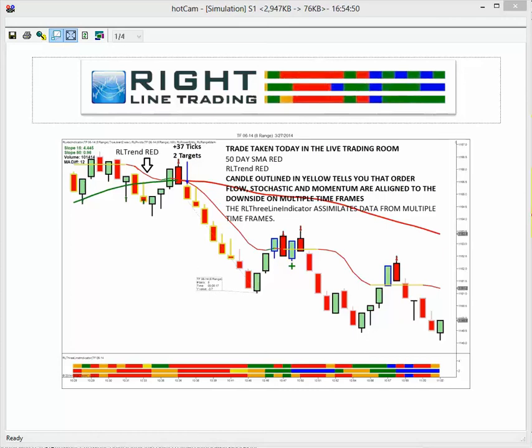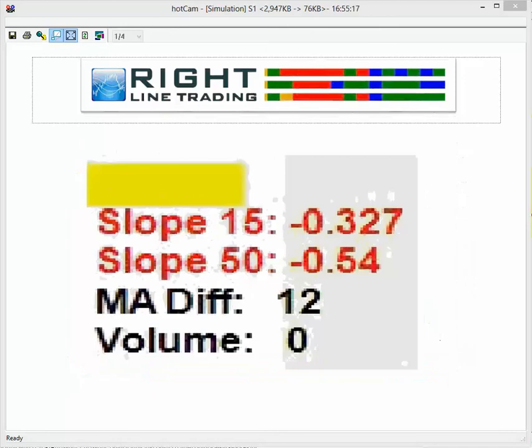And when the space between the 50 and the 15 is 16 ticks or greater, sometimes we can push it to 18 ticks, we believe the market's oversold and we don't enter any more shorts. When the space between the 15 and the 50 separates out too much to the upside, that's where we decide the market's overbought and we don't take any more buys. We do not use an oscillator. I don't believe an oscillator has much predictive value.